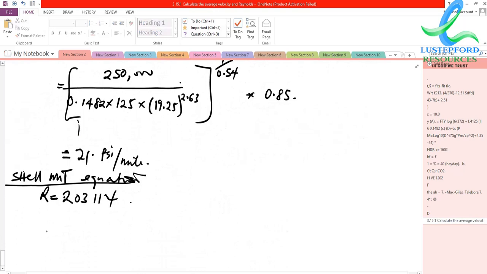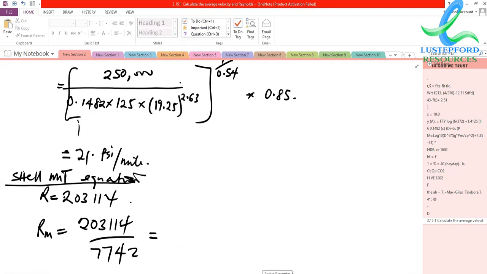Now we need to calculate the modified Reynolds number. The modified Reynolds number will be 203114 divided by 7742.